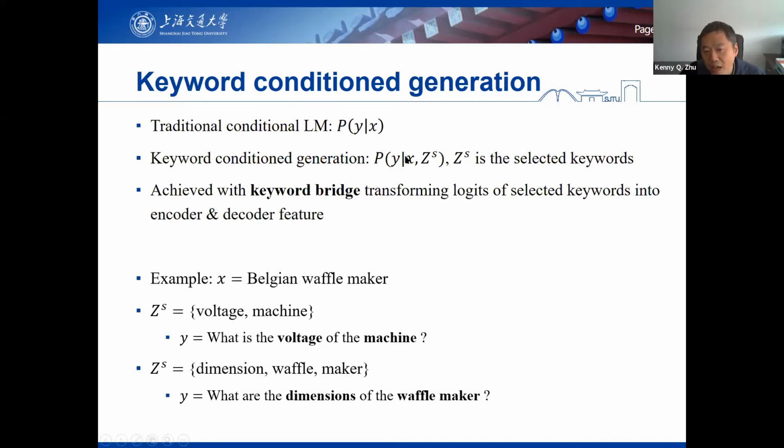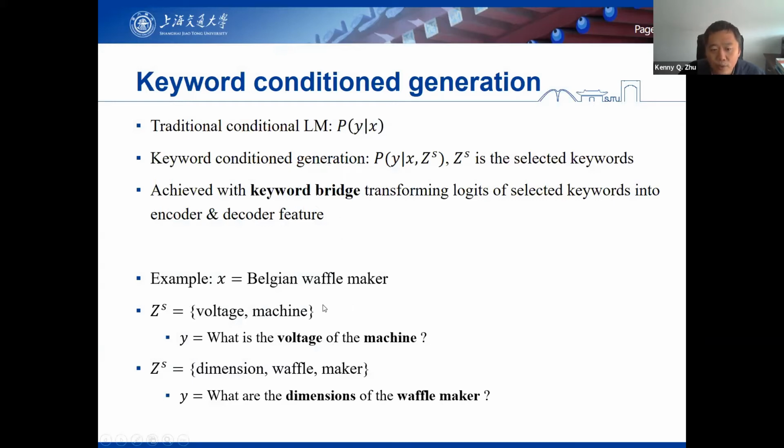Instead of just conditioning on X, which is the context, the previous words generated, we also condition on Zs, the selected set of keywords. This is done using the keyword bridge module.